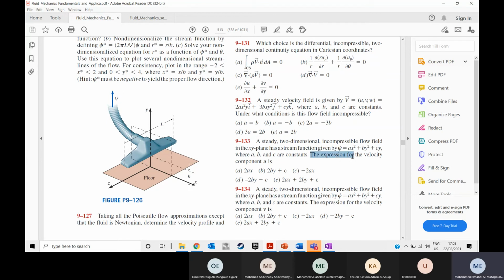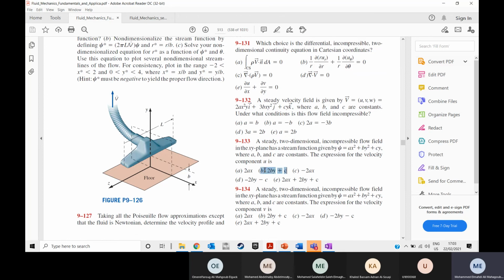Here for example we have an expression for psi. What is u? For u, we go to that table that I showed you, which says how the relation between psi and u is, for two-dimensional flow, and it will be partial psi by partial y. So partial psi by partial y, this one is 0, and this one is 2by plus c, okay?